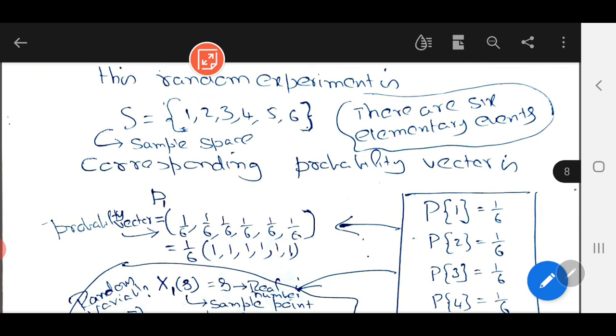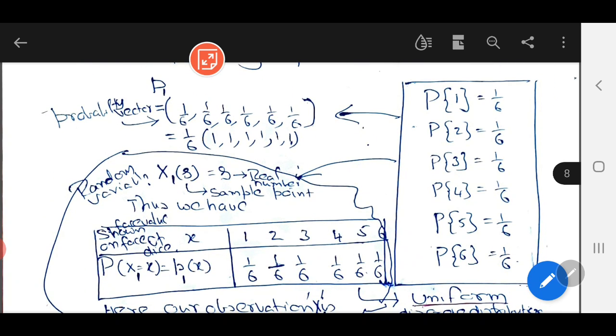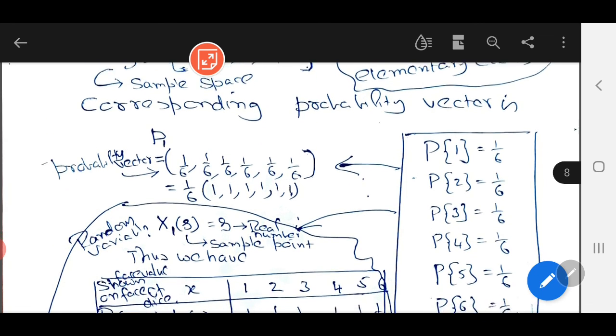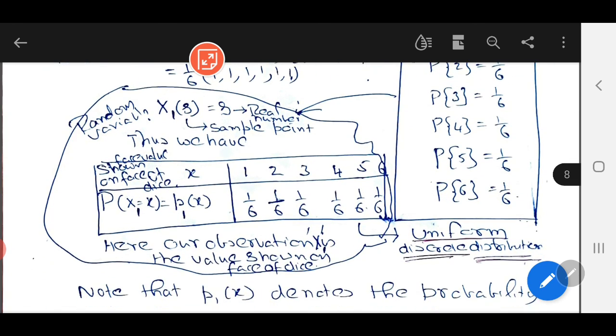Then I make an observation. From the outcome, the observation will come. The outcome is the same, the observation is a subjective one. So here the observation is the number on the face value. So that is x1, I am saying. The random variable idea is coming here. Thus we have x1 equal to 1, x2 equal to 2, like that we are making our observations. Observation means random variable.